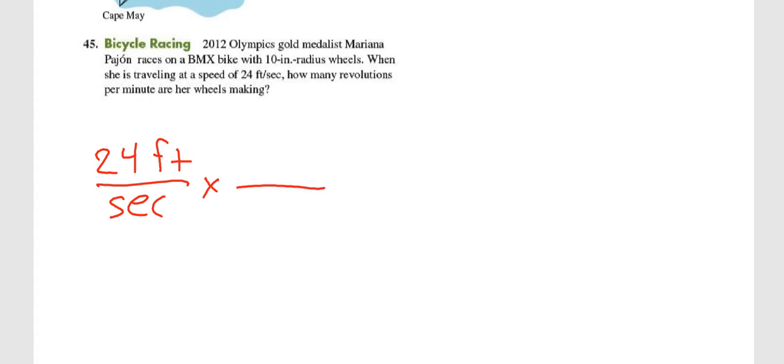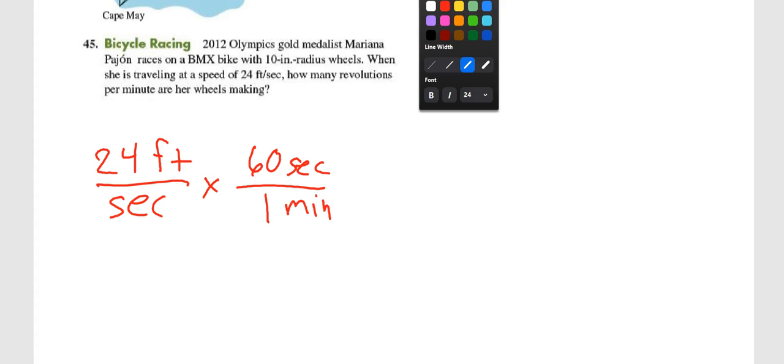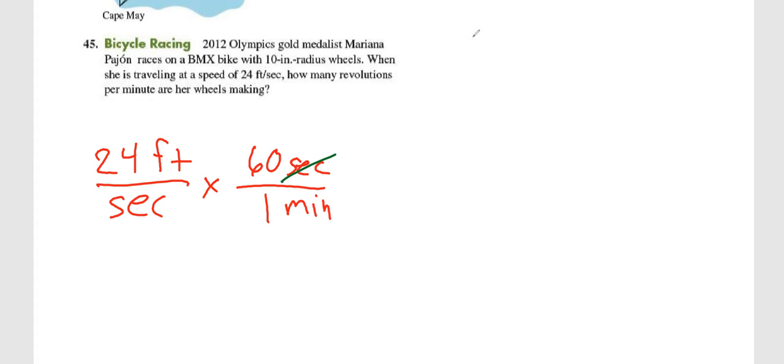Okay, so we want to go to revolutions per minute. We definitely want to multiply this by 60 seconds over 1 minute. Why do we want to do that? We need it in minutes, so we got to get rid of the seconds. My radius of my wheel is in inches, so I can find the circumference as 2 times pi times 10.